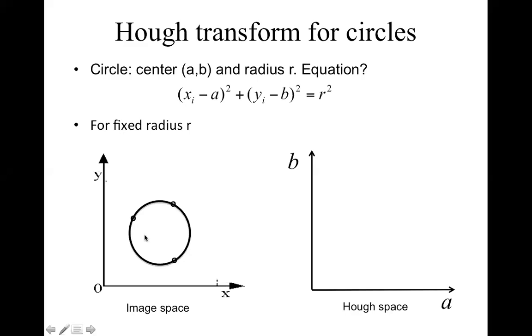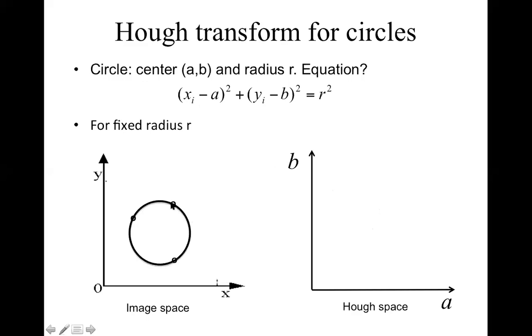So if you know your r, let's say that you have some edges on your circle here, and you want to find the center x, y. So basically a and b will correspond to x, y, and you want each point to cast a vote here.